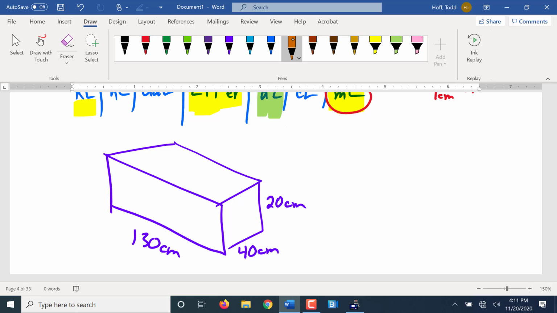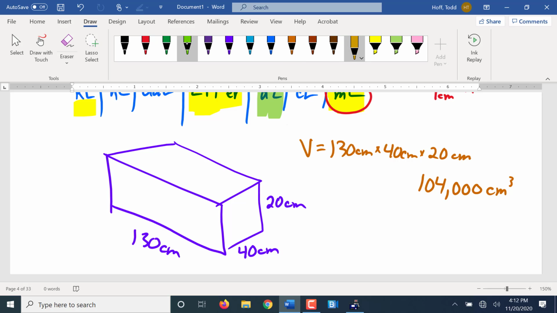To find the volume of this, we're just going to do a shortcut. We're just going to do length times width times height to get it over with. 104,000 even centimeters cubed. Well, that would be how many milliliters?